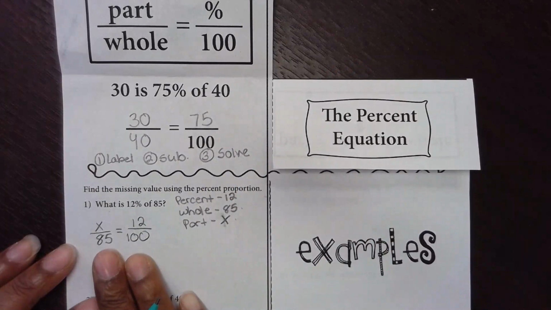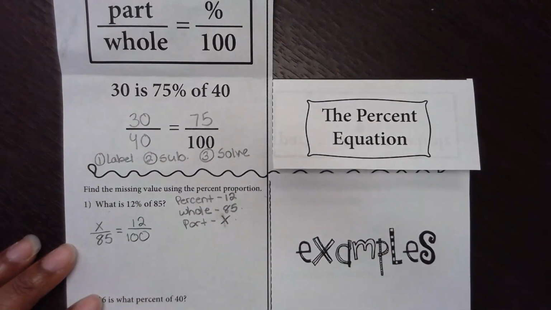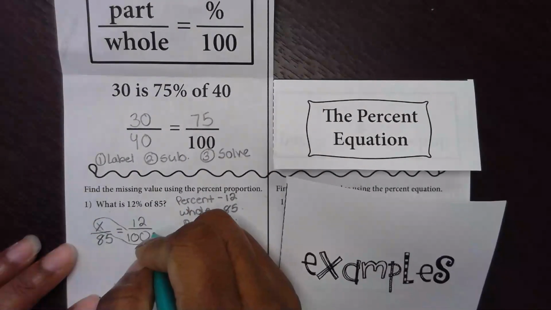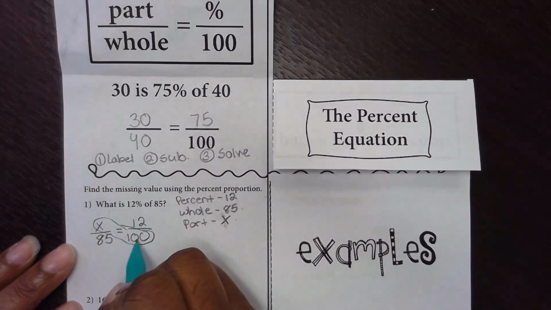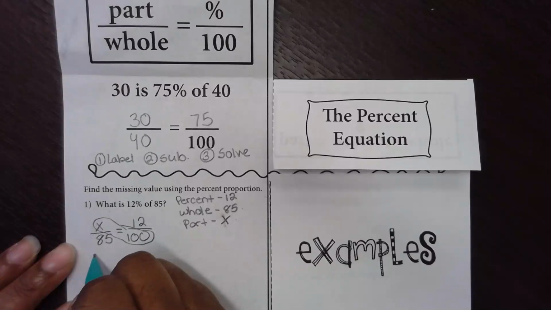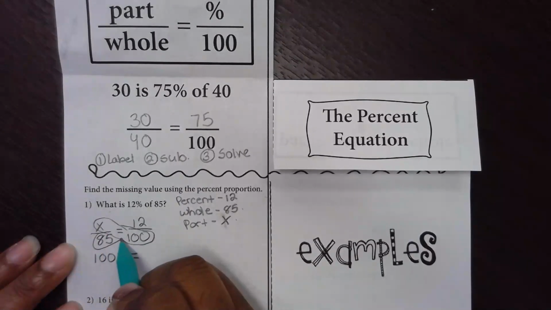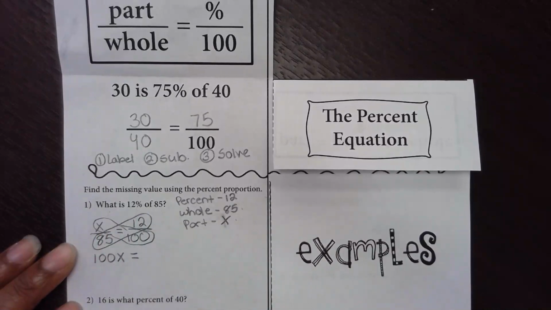Once you set this up, you cross multiply and divide. I always like to start with the side that has the variables. So 100 times x, that's 100x, equals 85 times 12.